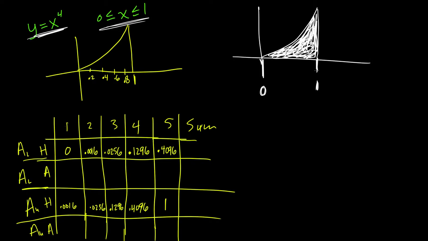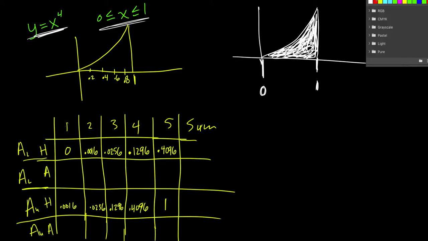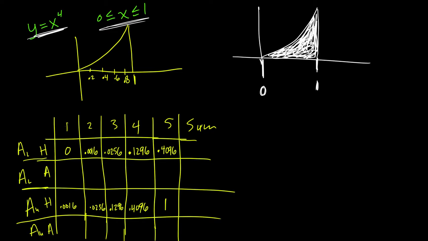You're not going to do it this way in real life, and you can do it a quick way on your calculator. However, I'm not going to teach you the quick way. I'm going to go through the slower way, and only for n equals 5, which means we use 5 rectangles, because I think having a conceptual understanding is important.